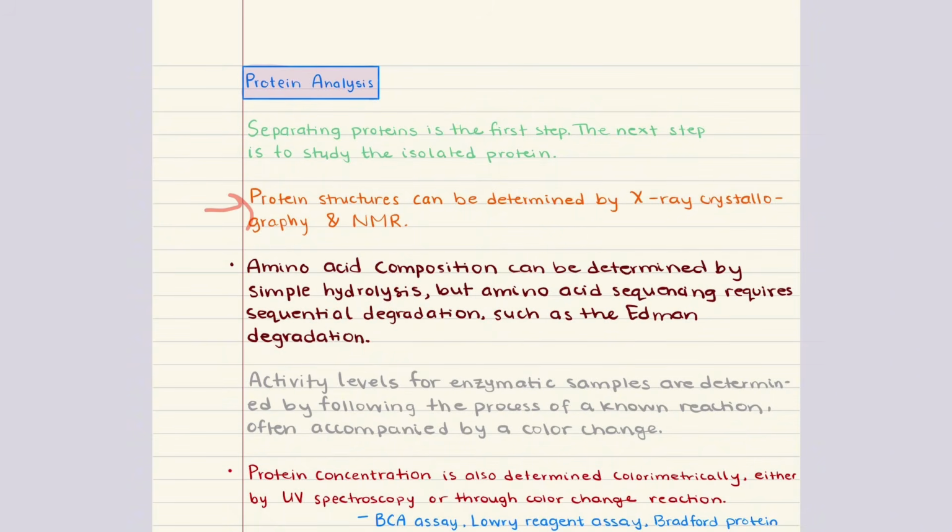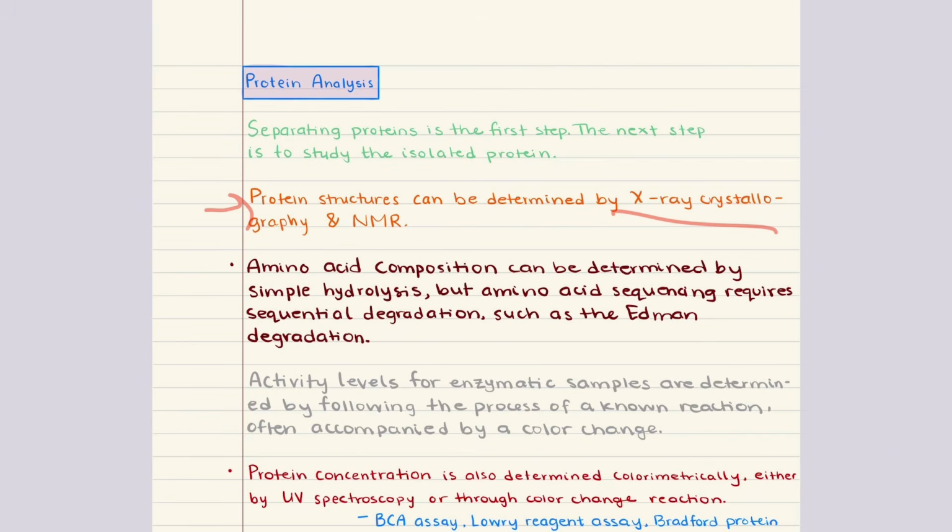To determine what a protein looks like in 3 dimensions, scientists often use either X-ray crystallography or NMR spectroscopy. X-ray crystallography involves crystallizing the protein and then analyzing how X-rays scatter through the crystal. This gives us a high-resolution picture of the protein structure. But this technique is pretty difficult, especially the step where you are attempting to crystallize the protein.